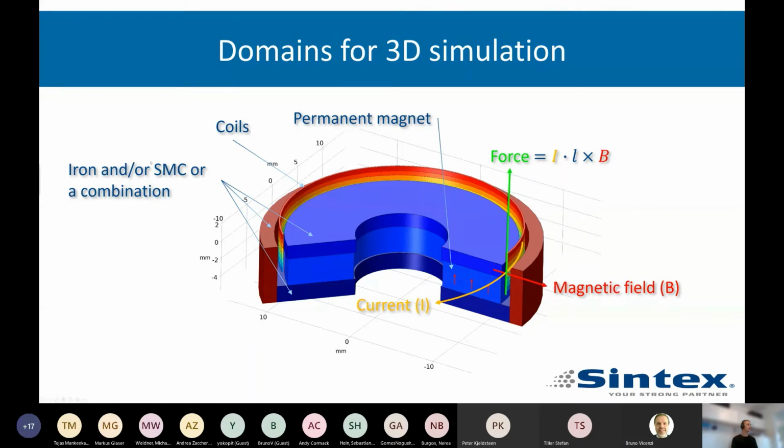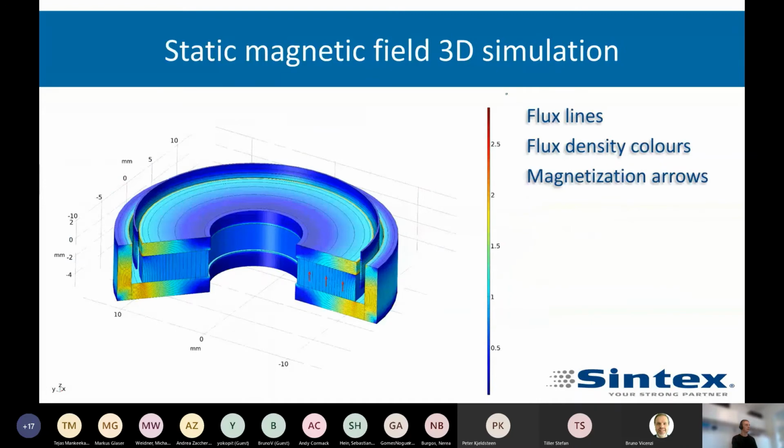The sections you should look at are these three, the red one, the top blue and the bottom blue. We were thinking, what about changing all these regions to SMC?